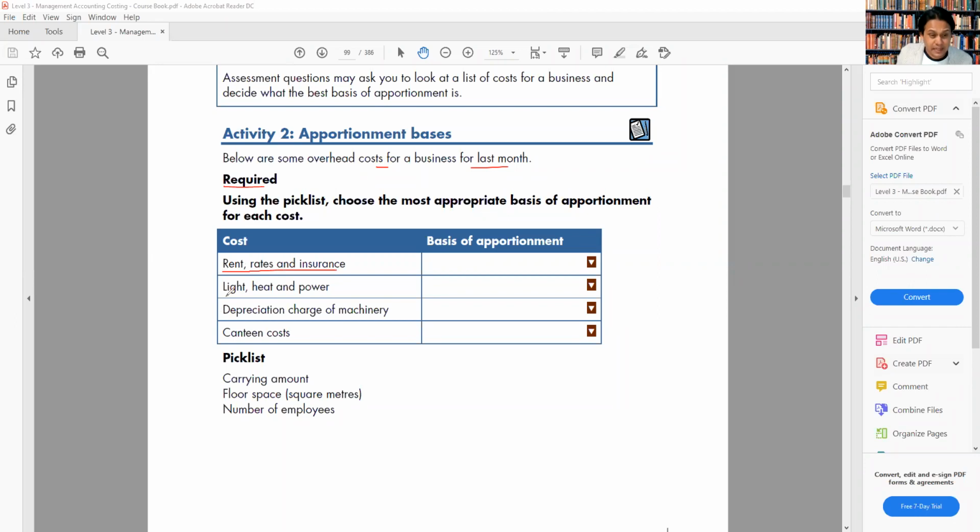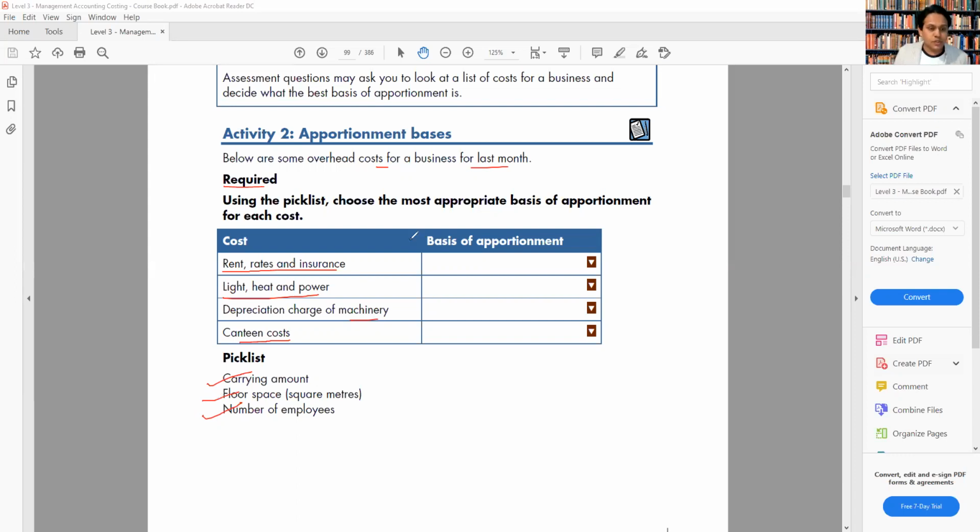We have light, heat, and power. We have a depreciation charge for the machinery. We have a canteen cost. From the pick list, we have carrying amount, floor space, and number of employees. So we have to choose which one is the most suitable basis of apportionment.